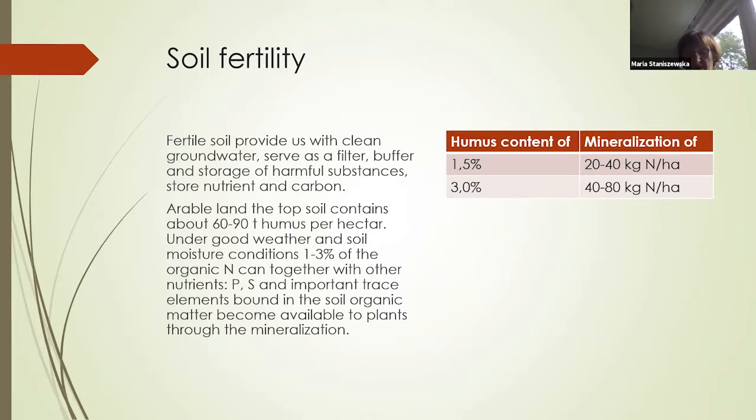And that is very important, that the nutrients go to the plants, not to the water.